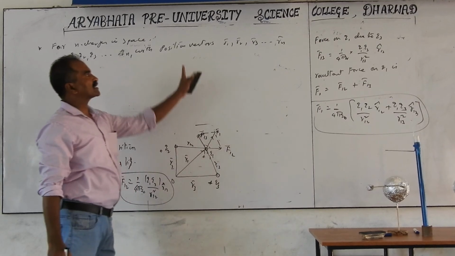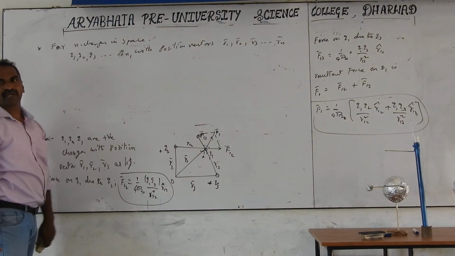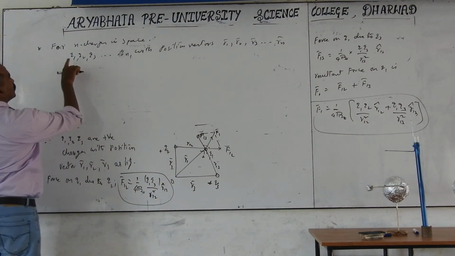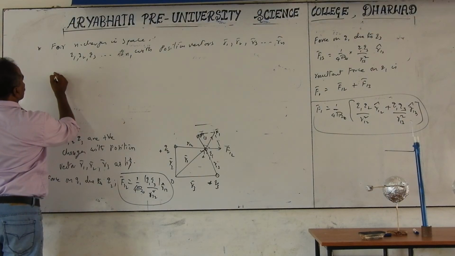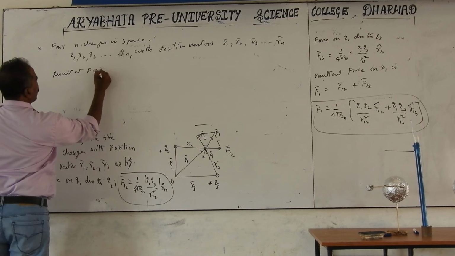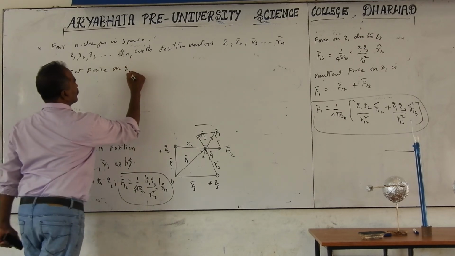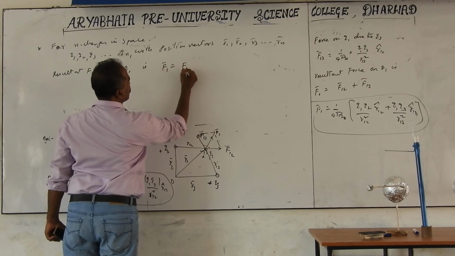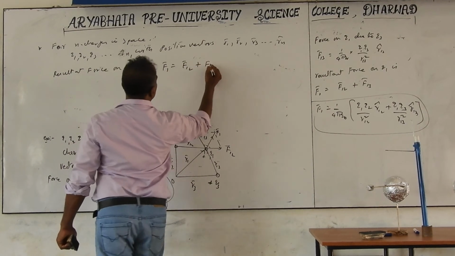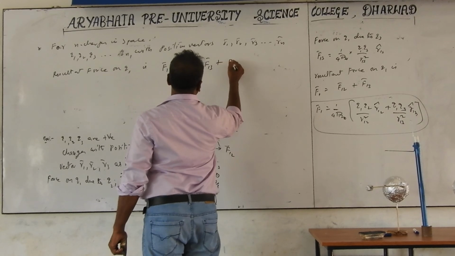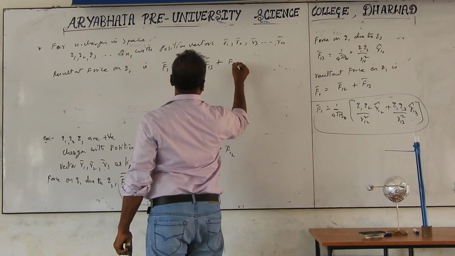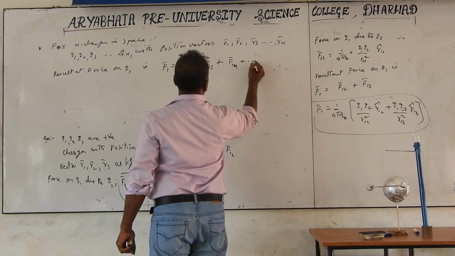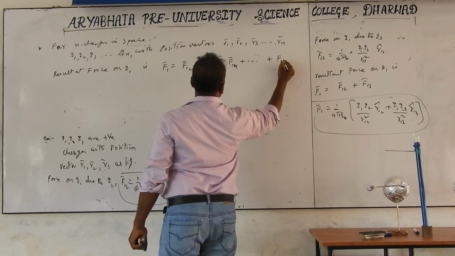Cap means unit vectors and bar means vectors. The resultant force on Q1 due to all other charges is F1 equals F12 plus F13 plus F14 and so on up to F1n.